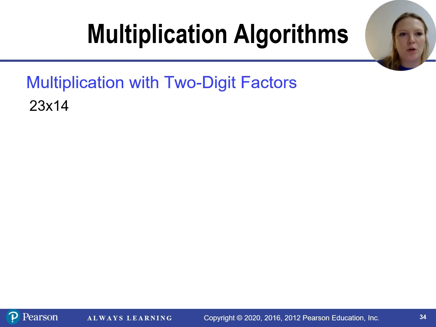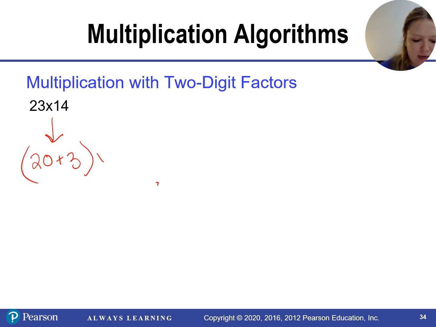Okay, let's look at one more example where we have, instead of multiplying with a 1-digit factor, 2 2-digit factors. So in this multiplication, we have 23 times 14. Now, I would say we can think about this as 20 plus 3 times 14, or 10 plus 4.